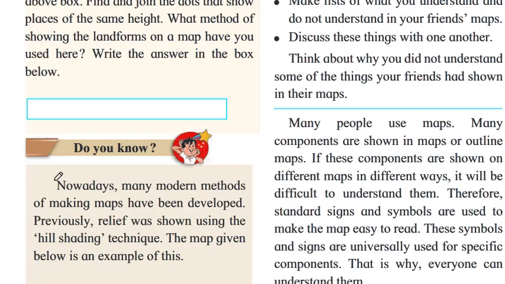Do you know, nowadays many modern methods of making maps have been developed? Previously, relief was shown using the hill shading technique. The map given below is an example of this.